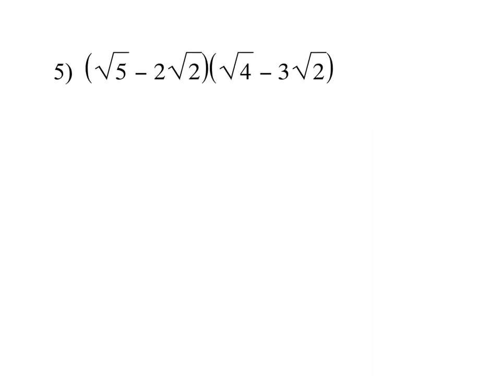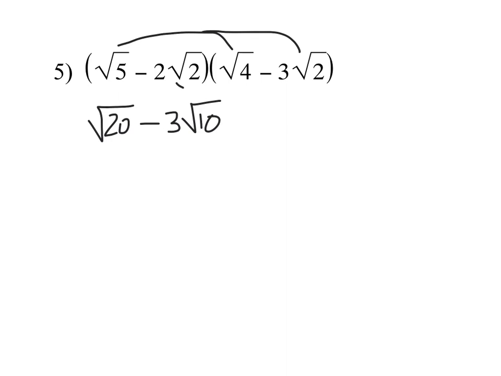These ones make it a little bit tougher. Again, still going to use the same method. We're going to use FOIL. First times first, square root of 5 times square root of 4 is the square root of 20. Square root of 5 times negative 3 square root 2 is negative 3 square root 10.